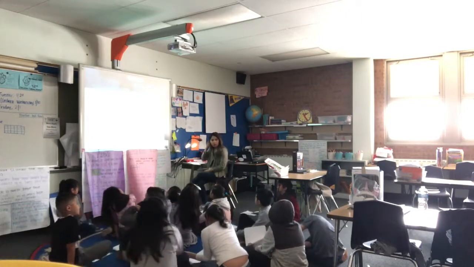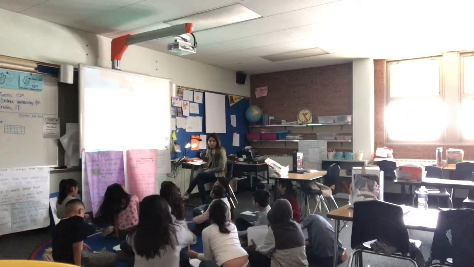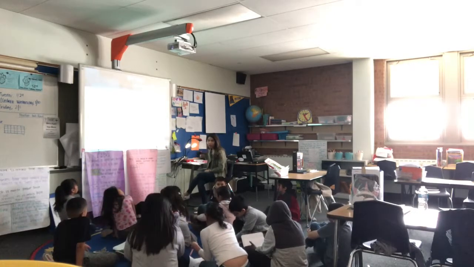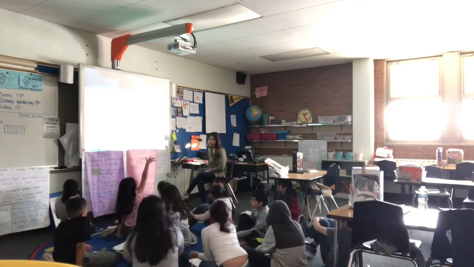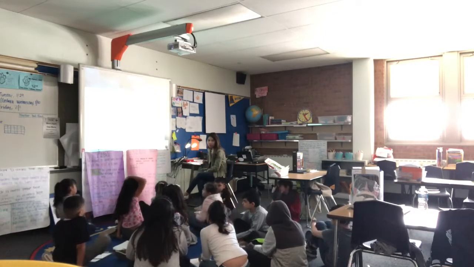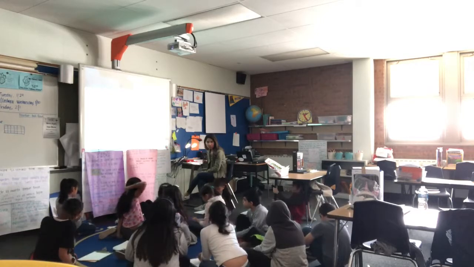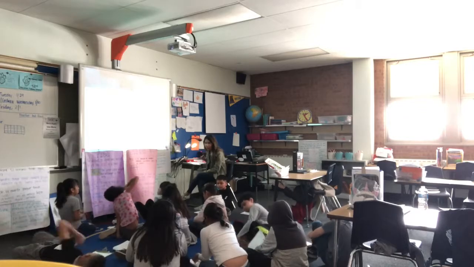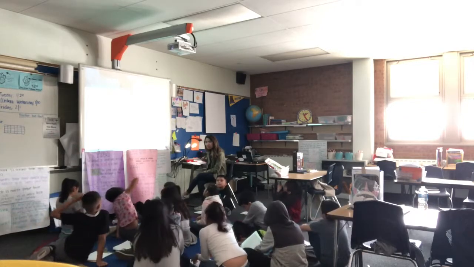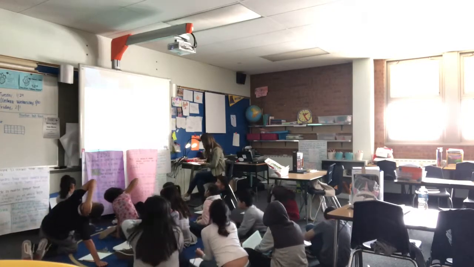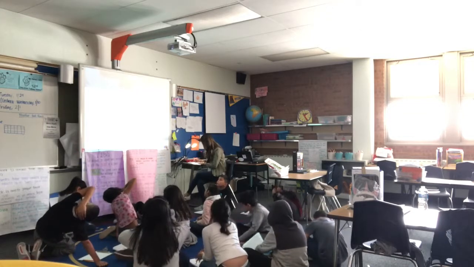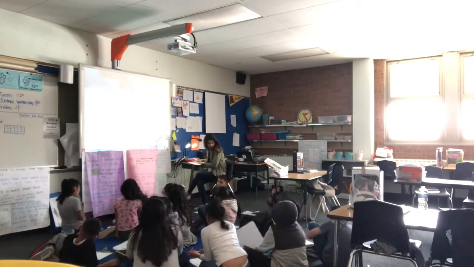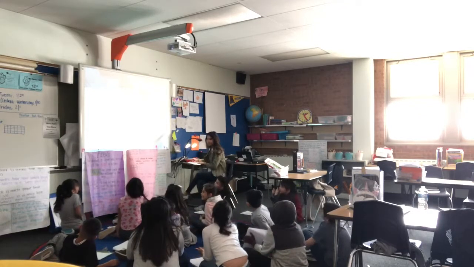Now, guess what? There's an easier way that can help us find the area of our shape. Okay, that is, you ready? We use multiplication, right? So we find out our width and our what? Length. Length. So what's our length? 1, 2, 3, 4, 5, 6, 7, 8, 9. 8. 8.